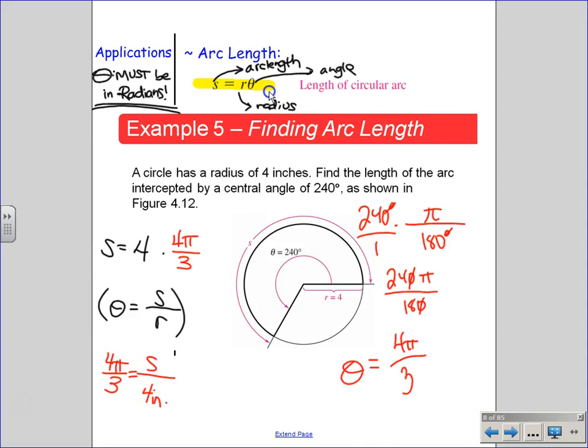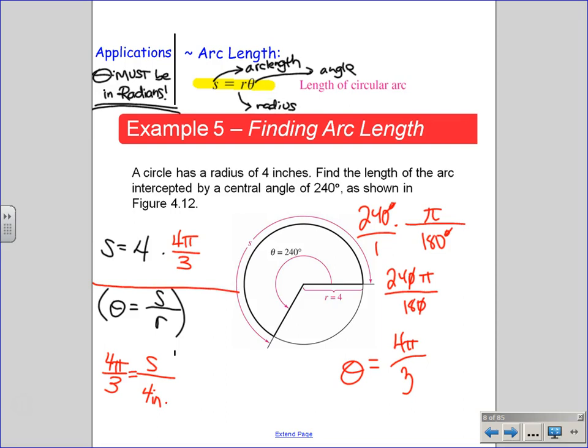Maybe for some of you it's a little bit easier to think about the formula that way. This angle of how many radians the flexible ruler would measure as you wrap around equals the arc length cut into 4 inches, cut into the radii or the radiuses. But either way, you would go ahead and multiply that 4 inches to the other side and end up with the S. So that's just kind of using yesterday's formula.